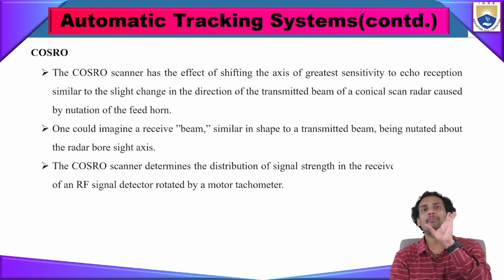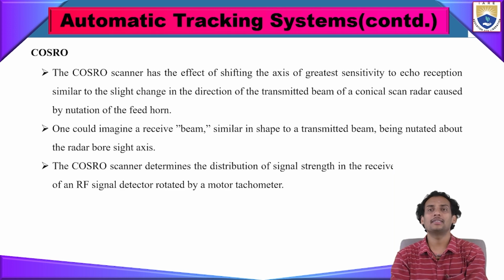Radar boresight axis means if the radar axis is in one direction, the receiver beam and transmitter beam are also in the same direction, so it will adjust the beam position. The scanner determines the distribution of signal strength received, and the RF signal detector is rotated by the motor tachometer.